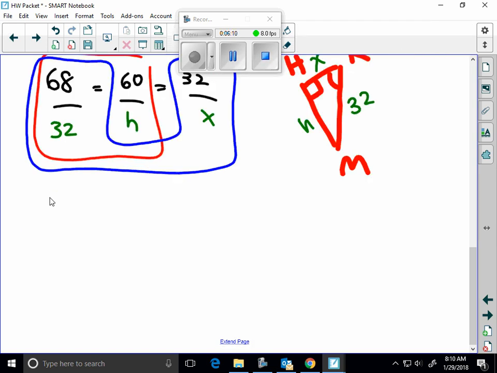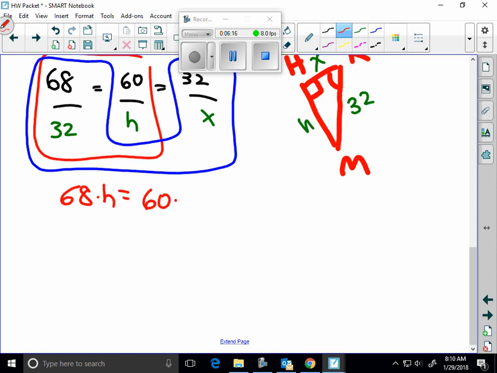Let's do that calculation. Let's find h first. So 68 times h is equal to 60 times 32. Somebody help me out there. What's 60 times 32? Is it 2,000? No. 1940? 1920?